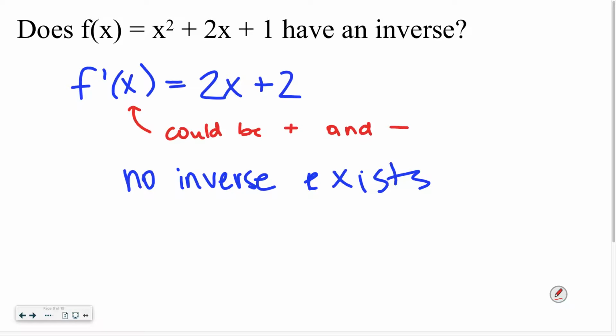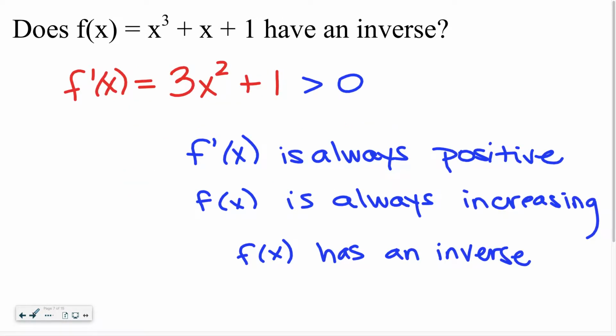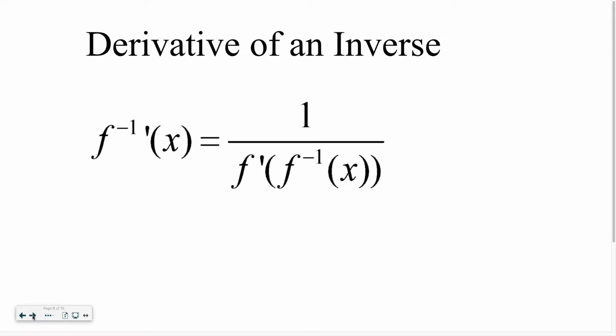Okay? Now we are not going to actually find the equation for our derivative of an inverse. It's always going to be at a point. But here is our rule for the inverse derivative.